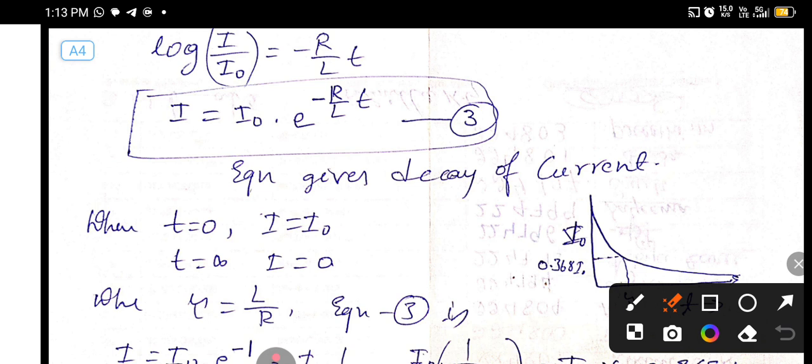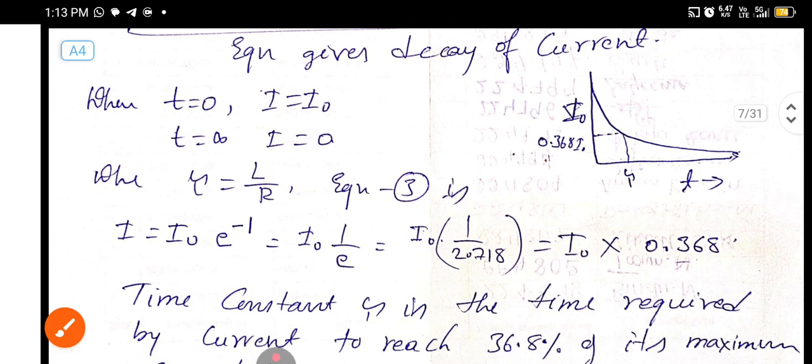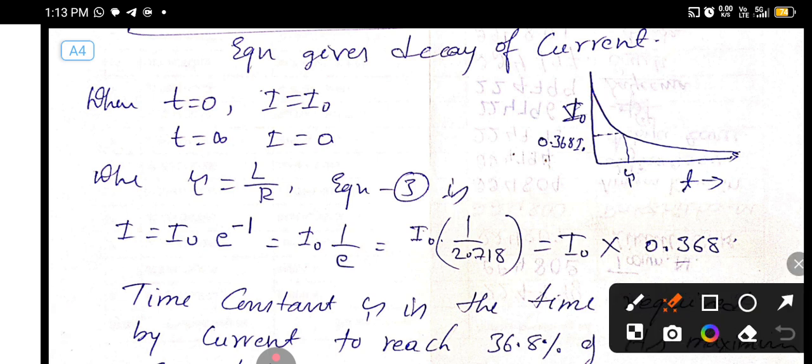In the graph of current versus time, at 0 time the current is maximum, and after some time the current goes on decreasing and reaches 0 at infinite time.